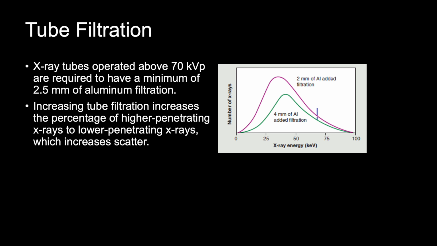Increases in filtration are going to decrease the quantity and increase the quality of radiation. Al is aluminum, and keV again is kilo electron volt. X-ray tubes that are operated above 70 kVp are required to have a minimum of 2.5 millimeters of aluminum filtration.